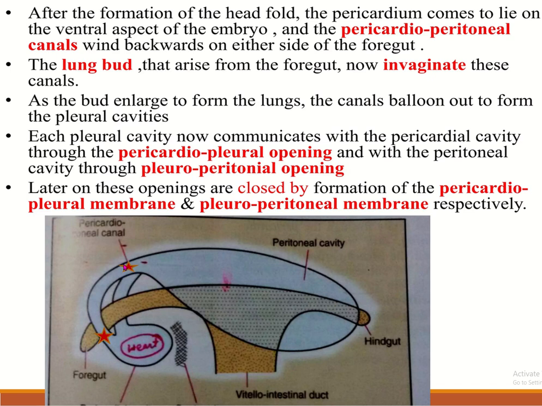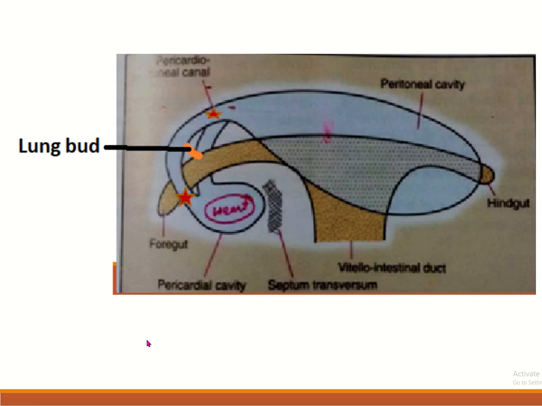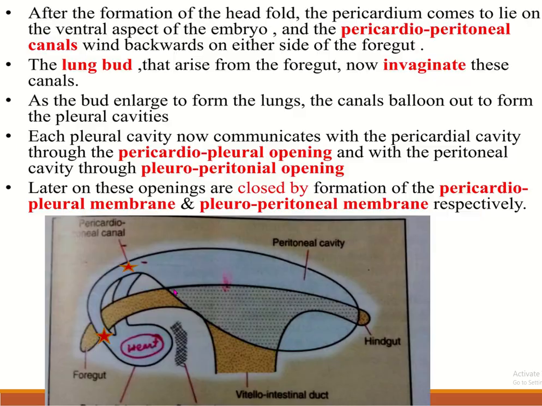These two openings are replaced by the pericardio-pleural membrane and the pleuro-peritoneal membrane. So the connection between the pleural cavity and peritoneal cavity is lost, and the connection between the pericardial cavity and pleural cavity is lost.